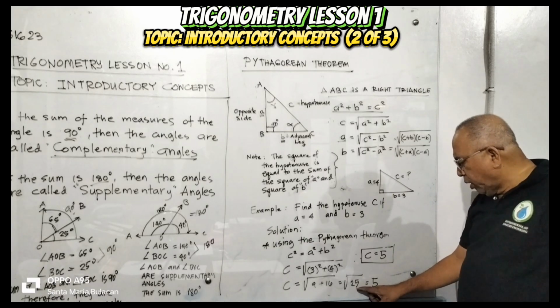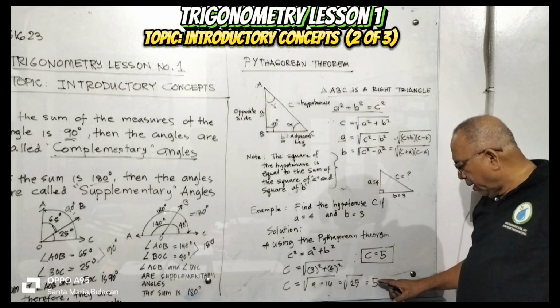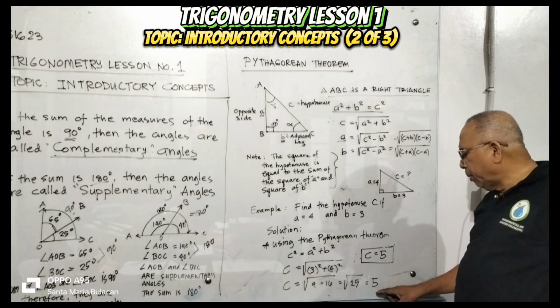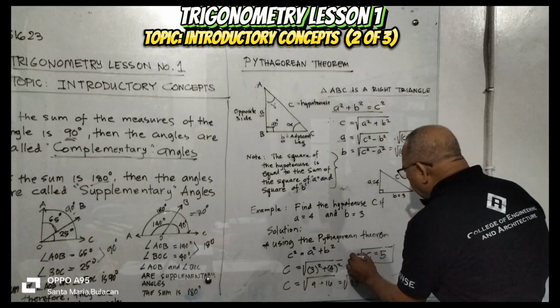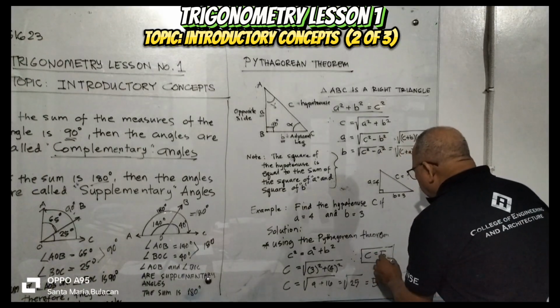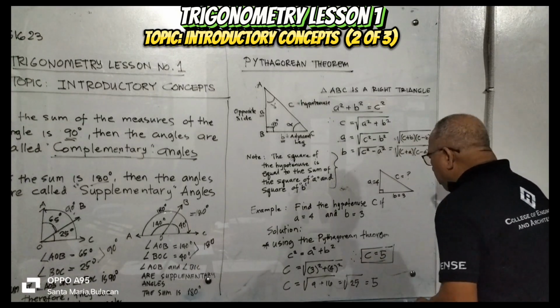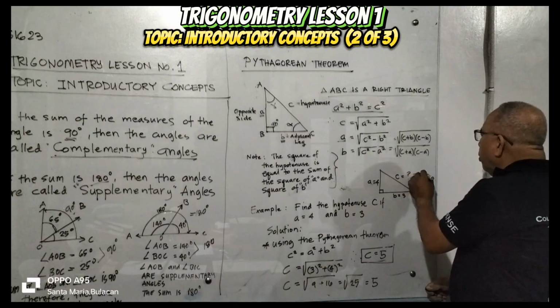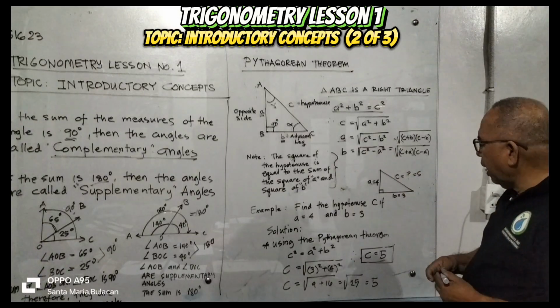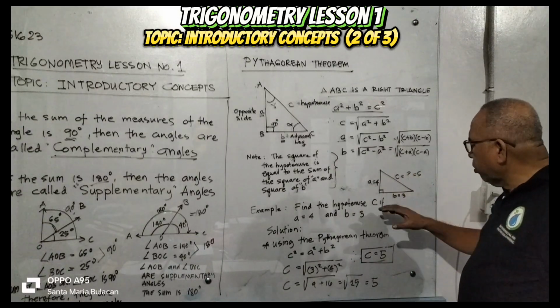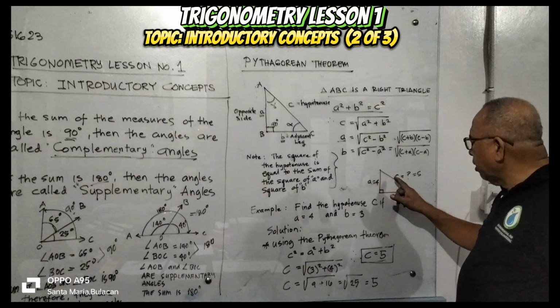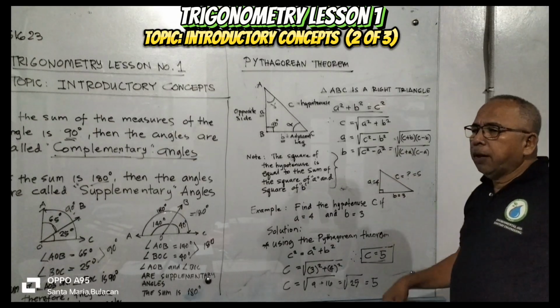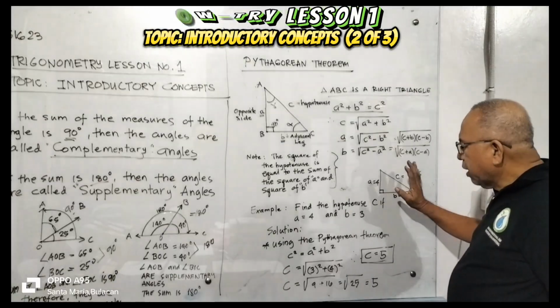So, the square root of 25 is 5. Therefore, ang ating C is 5. No? So, ito siya equal to 5. O, di nakuha na natin by using Pythagorean. Alam na natin ngayon kung ano ang hypotenuse sa right triangle.